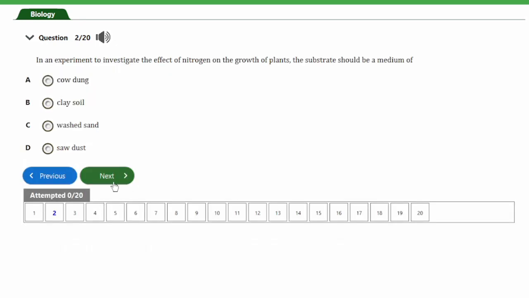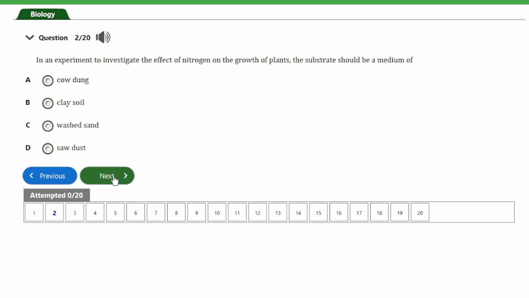So guys, let's look at the next question. That's question number 2. It says, in an experiment to investigate the effect of nitrogen on the growth of plants, the substrate should be a medium of A, cow dung, B, clay soil, C, washed sand, D, sawdust. The answer to this question is option C, washed sand.